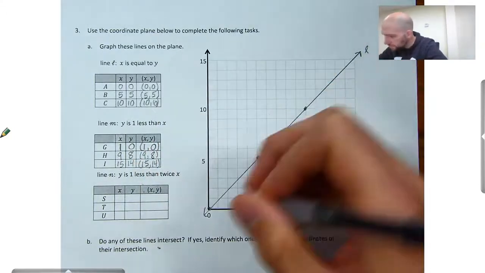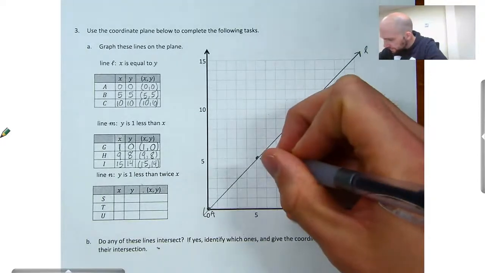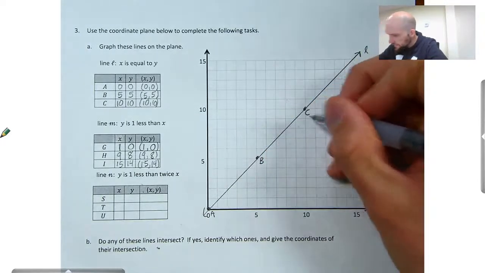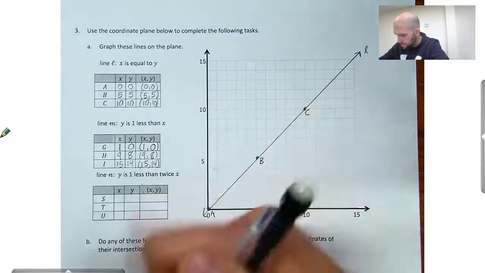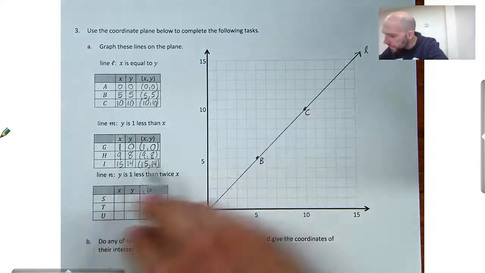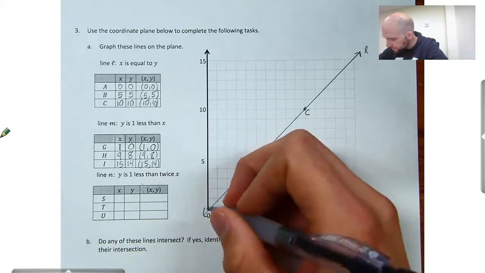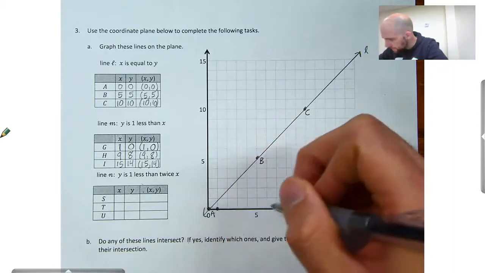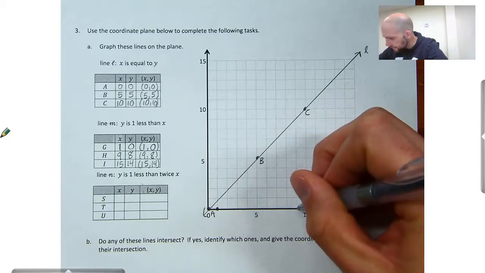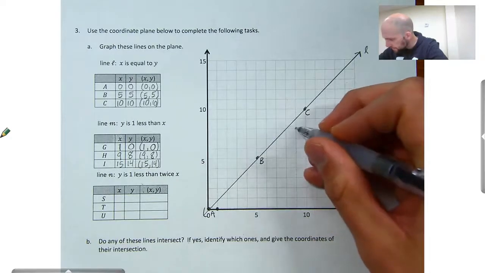You know what? We were supposed to label these first 3 points here. So this is going to be A, this is B, and this is C. And then we have 1, 0, which is right here, 9, and 8. So we have 5, 6, 7, 8.